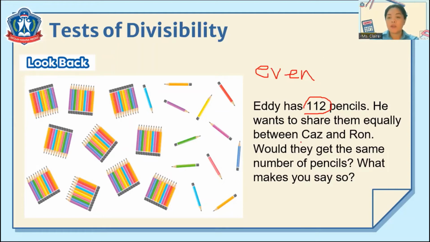So there are only 2 children, Kaz and Ron. If we divide or share 112 between Kaz and Ron, each of these children will get the same number of pencils. It means 112 can be divided by 2, or it is divisible by 2.